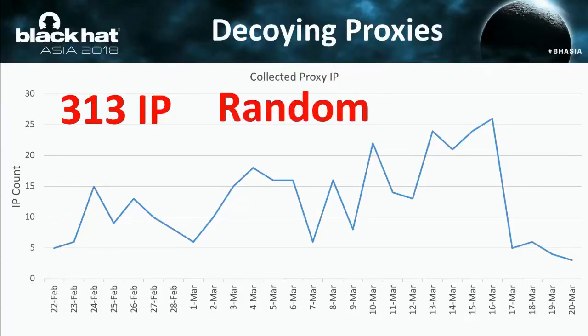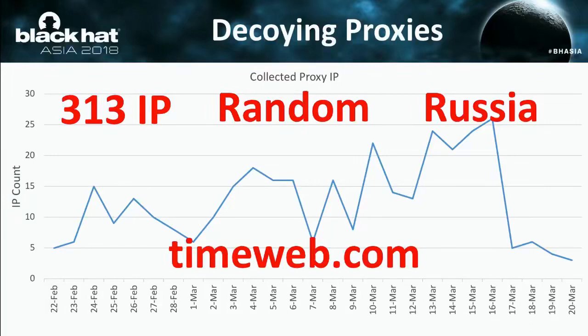We took a look at how these proxy domains are generated. We didn't find any pattern, so we think that the proxy IP addresses are generated randomly. And all the IP addresses are hosted in Russia. This is the hosting service hosting all of these 313 IP addresses.